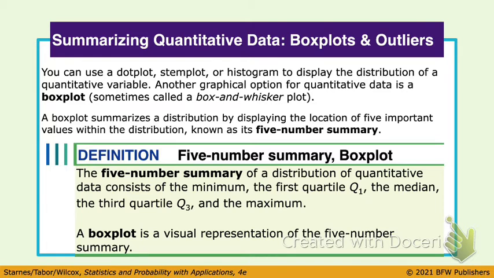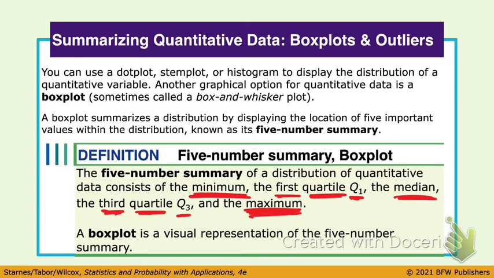It has the minimum. It has the first quartile, which is Q1. This is what goes in those blanks. The median. The third quartile, or Q3. And the maximum. Those are the 5 numbers of the 5-number summary.